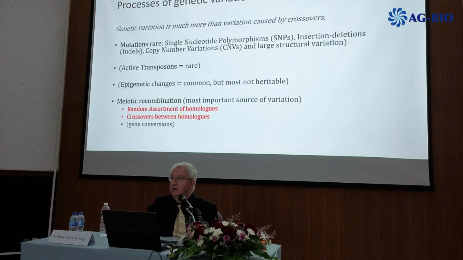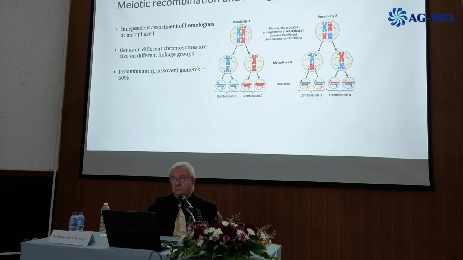And then finally, which actually is the most important one for today, is the variation that we get by meiotic recombination, which either can be the result of random assortment of homologs or the crossovers between the homologs. And I'm not talking about gene conversions, although I know it is a byproduct of the crossover at the molecular level.